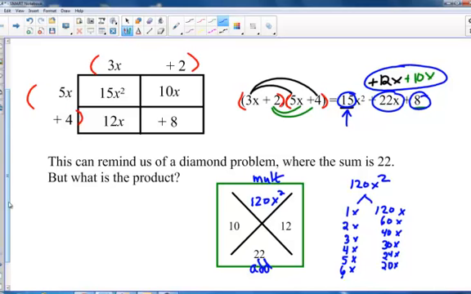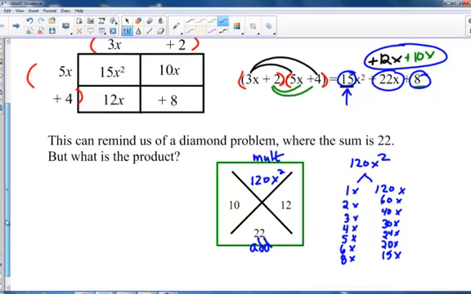Actually, 8 does. 8 times 15. 9 does not go into it. 10 does go into it. So these are all of my factors.